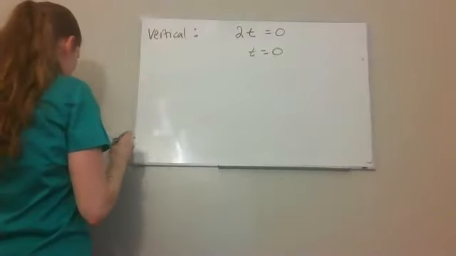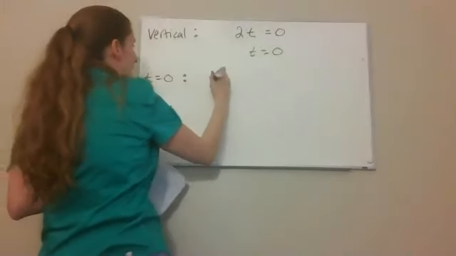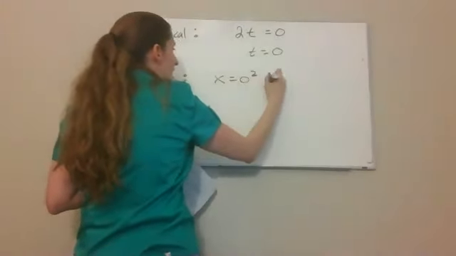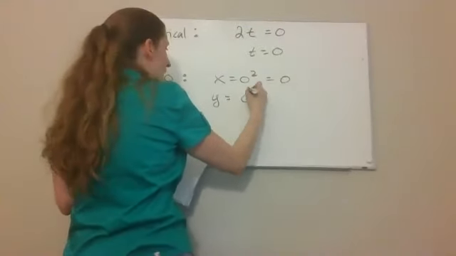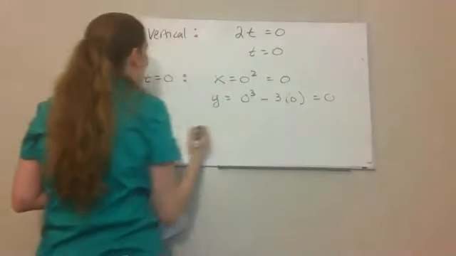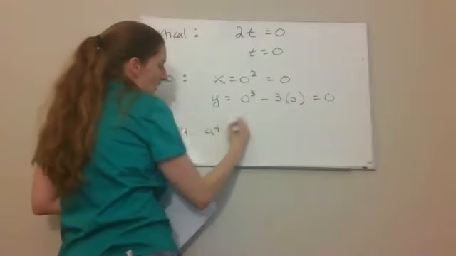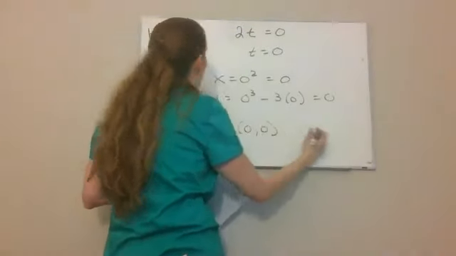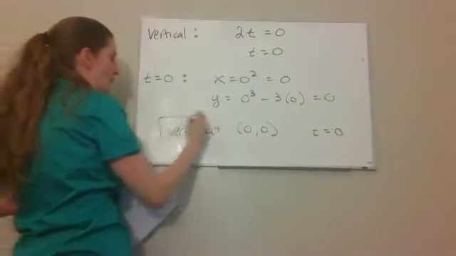If I plug t equals 0 into my x and my y, I get x is 0, and y is also 0. So I have a vertical tangent line at the point (0, 0). That was when my t is equal to 0.